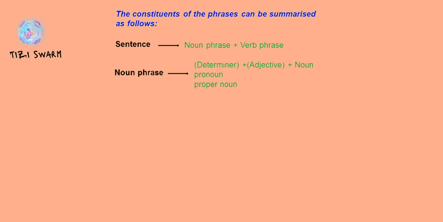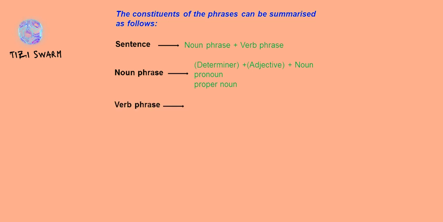So it can also have a pronoun, or it can also be a proper noun. So that's the name of a person or a place. Okay, so a noun, a pronoun, or a proper noun, and maybe a determiner, maybe an adjective. That's what a noun phrase consists of.